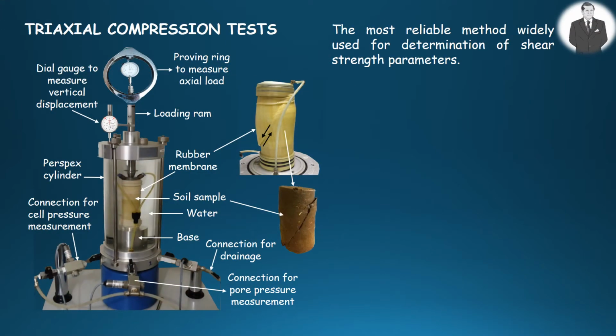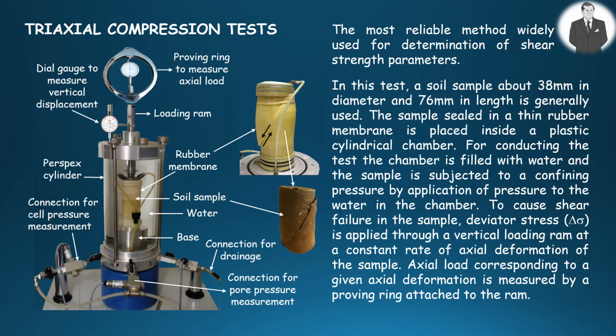The most trustworthy method extensively used for the determination of shear strength parameters of soils is the triaxial compression test. In the figure here, you see the details and the setup of the triaxial compression test. In this test, a soil sample about 38 millimeters in diameter and 76 millimeters in length is commonly used.